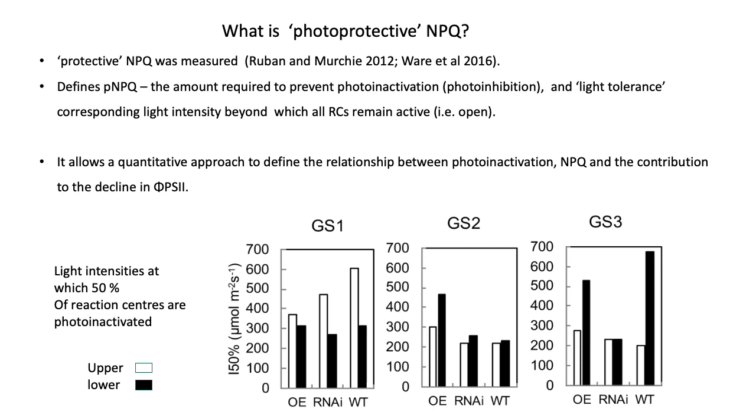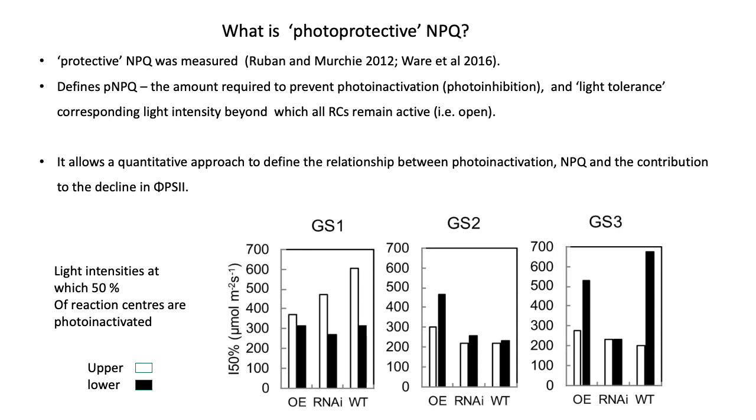So we measure this parameter called light tolerance, the light intensity at which 50% of reaction centers are photoinactivated. At growth stage 1, where the canopy is very open and there is less distinction between the upper and lower layers, the upper layer will have a higher light tolerance.